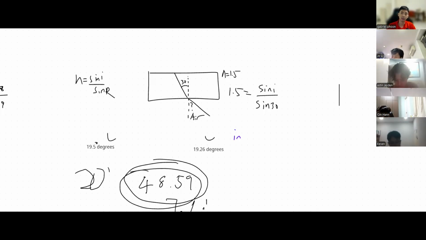Guys, anyone cannot get 48.6 degrees? Anyone who doesn't know how to get it, please let me know now also. I'll show you how to do it in the calculator.